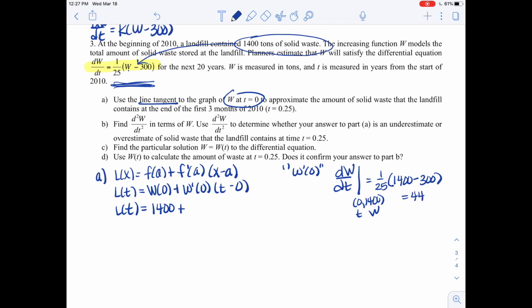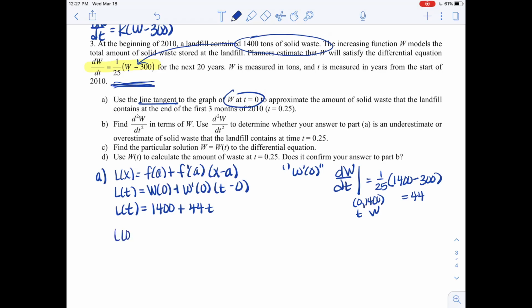If you simplify this, it eventually comes out to be 44. So 44, and then obviously t minus 0 is just t. That would be your equation of the tangent line. You're still using your general model for the tangent line, but it's a little tricky when you get to finding the derivative value.